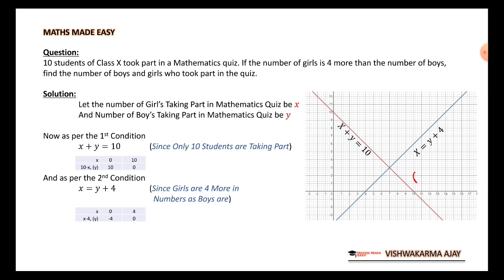X-axis, y-axis. So the value of x in here is 10, 0, and 0, 10. Next one, 0, minus 4. X is equal to 0 and y equal to minus 4.